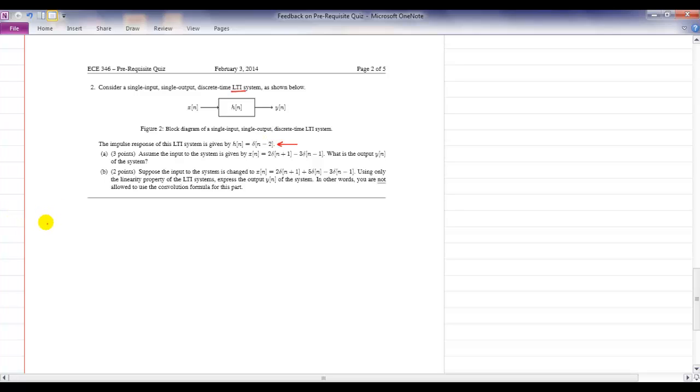Okay? So part A asks you to tell what the output y of n is if the input is x of n equal to 2 delta of n plus 1 minus 3 delta of n minus 1. Now, since this is an LTI system, we know that the input-output relation in LTI systems is given by convolution.